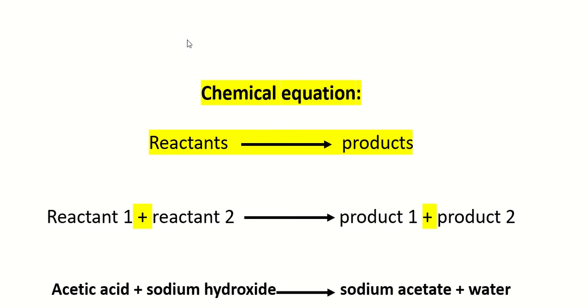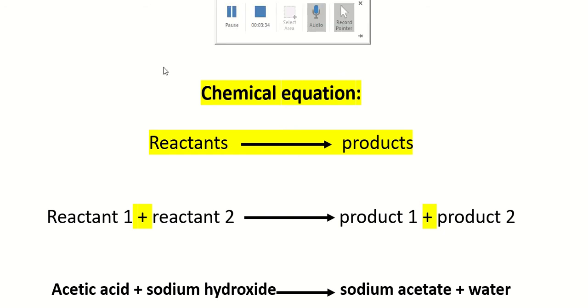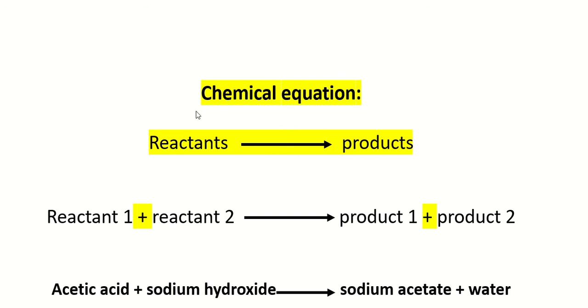And darlings, I want to tell you that each chemical reaction can be written as a sentence. We can summarize it in only one sentence, called a chemical equation. What's a chemical equation? Each chemical equation should start with the reactants and end with the products.